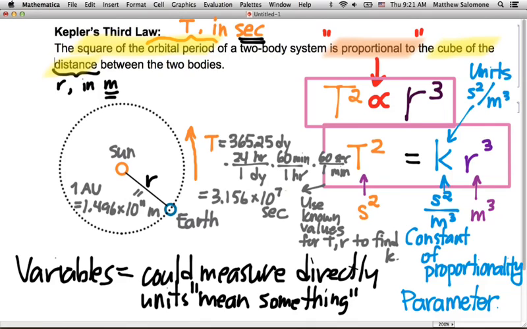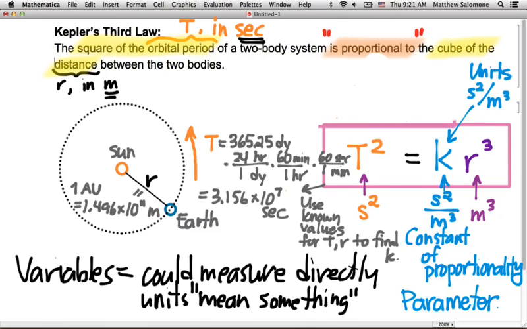Okay, so we have this one single two-body system, Sun, Earth, and we know its orbital period, and we know the distance, the radius of that circle. And so if we plug those two values into our equation, we should get rid of the T and the r and leave us with just a k that we could then find.